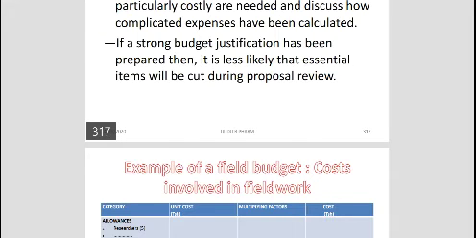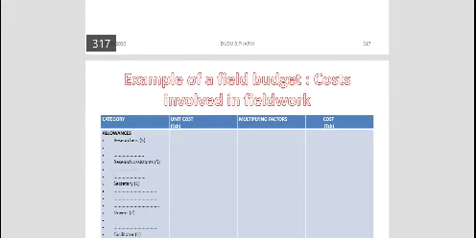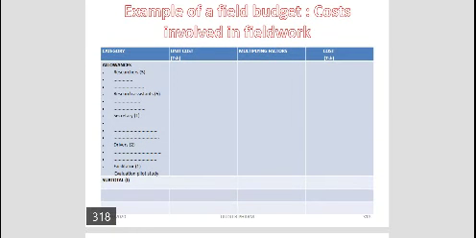So let's see this demonstration of budget costs involved in the field. For example, you may have allowances. Maybe you have researchers, and the number of researchers is maybe 5. For unit cost, you will indicate how much per person. How much do you pay per researcher?